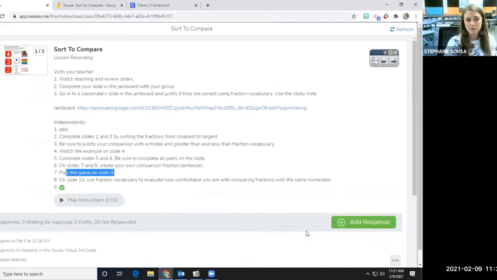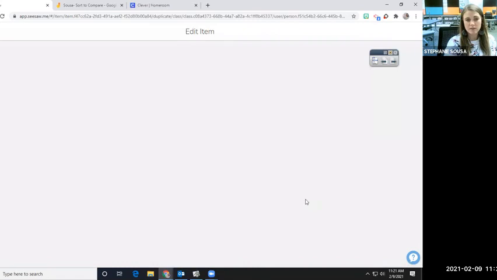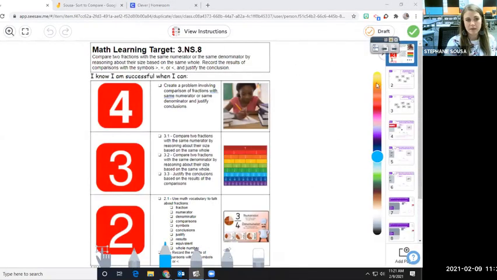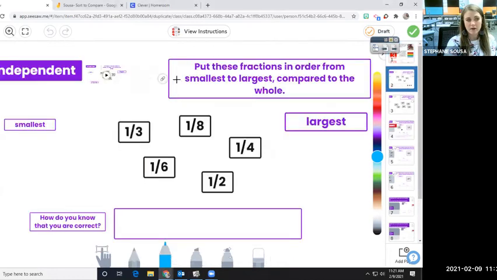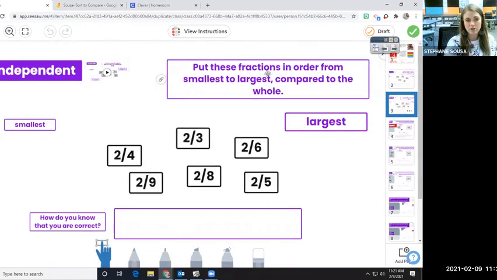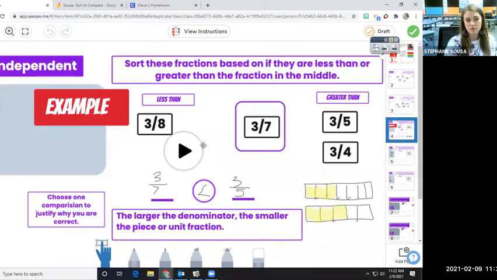It's very simple. When you click on your add response, your work is right there and it tells you exactly what to do. Success criteria right here. Here's the directions. If you don't understand, here's a video explaining. Slide 4 is a video. Watch it.